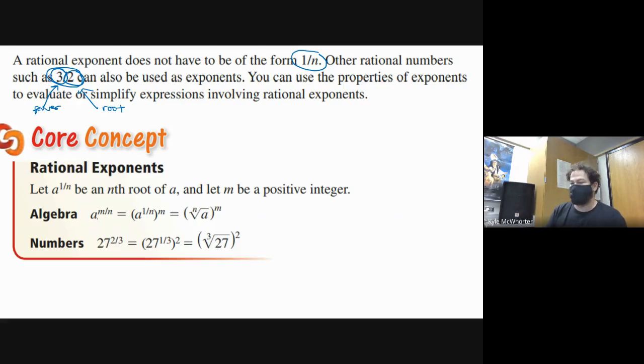So in algebra, you have a to the m over n. Basically, that's the nth root, and then you raise that to the m power.